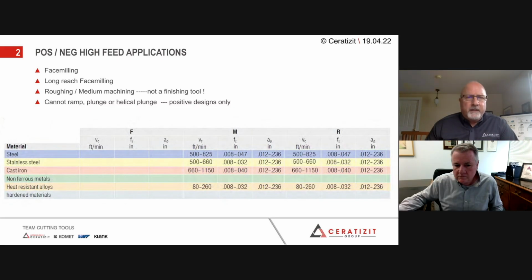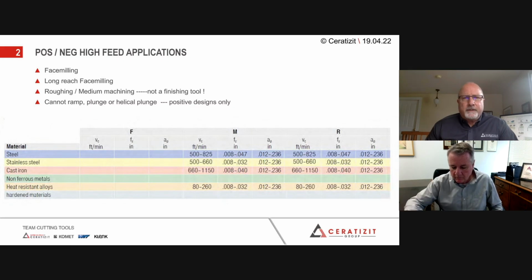So when you're using double-sided technology, there are some constraints. For example, you're not going to be able to ramp or plunge or helical plunge. So these cutter systems are restricted to face milling or long reach face milling. Secondly, these cutter systems, especially the high feed systems, are not meant to be finishing cutters because they don't leave a very good finish.